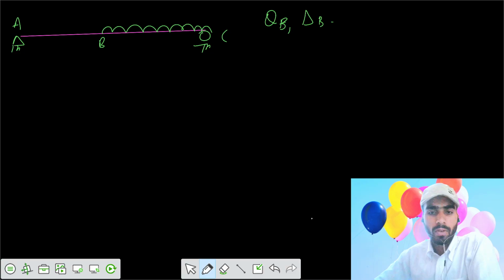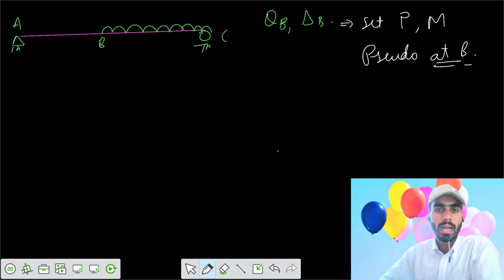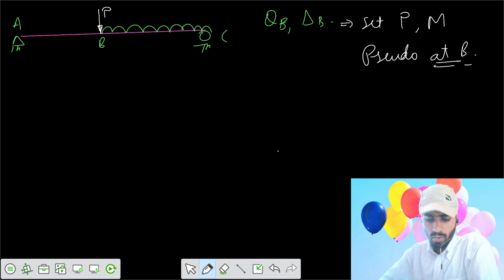So if we calculate for the delta at B, we have to set P and M pseudo at B. So for delta, let's say you have applied a load here, let's say this is your point load P. So we can say this was your actual loading of 6 into 2.